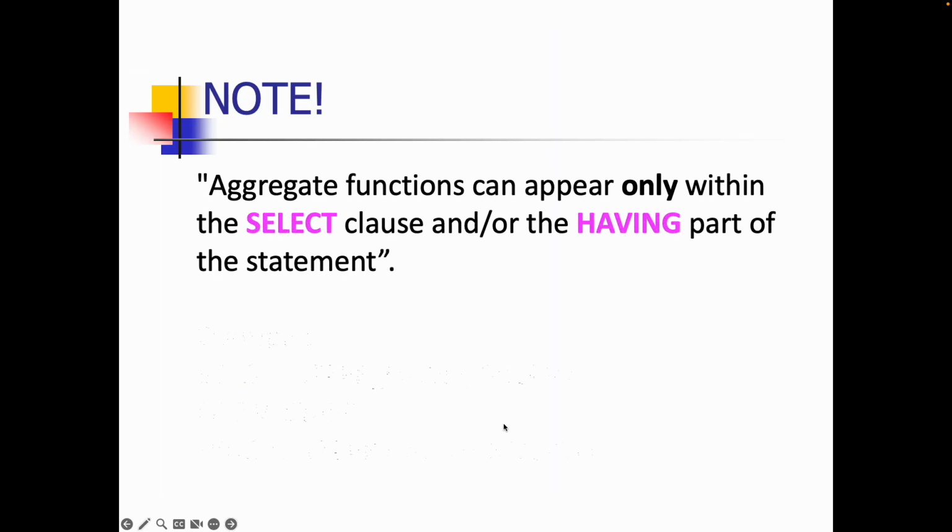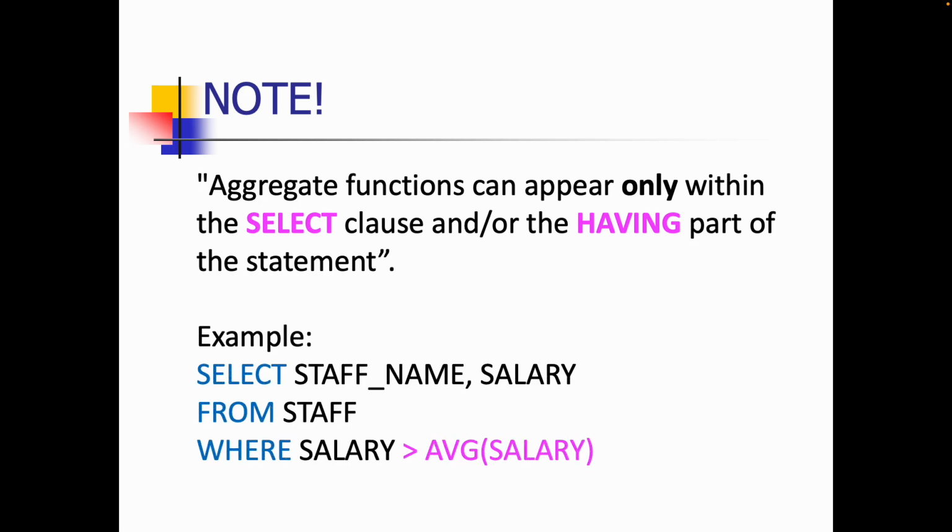And here's another note. You cannot use aggregated functions directly in the where clause, meaning that this query doesn't work, okay? So you cannot just write select staff name, salary from staff where salary is greater than average salary. We have to identify where we are selecting it from, right?